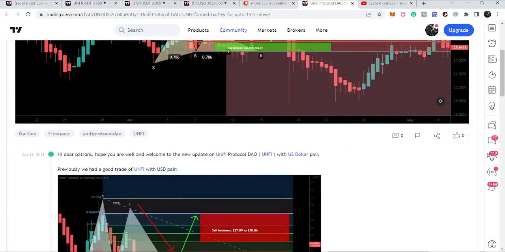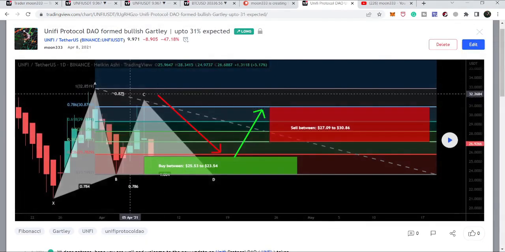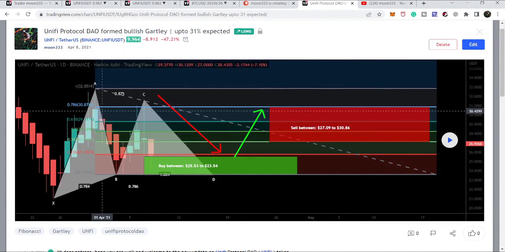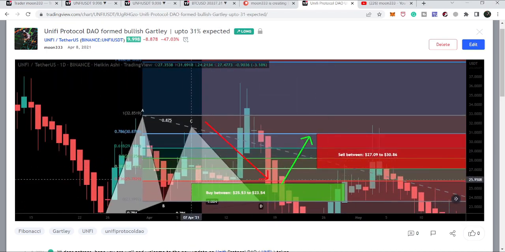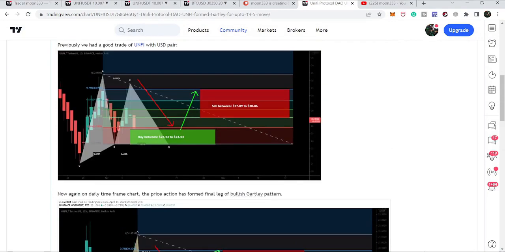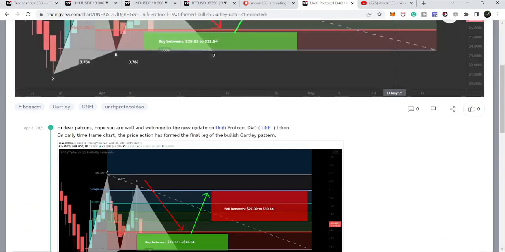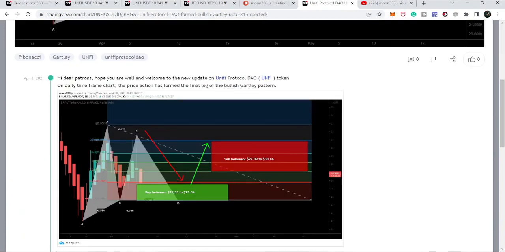And before this, I shared this trade setup of Unifi protocol on 8th of April 2021. And here you can see that the price line had just entered the buying zone, and after playing the chart we can see that here we had another big pump, and again the price line moved down. And before this, I shared, by the way, this same chart.